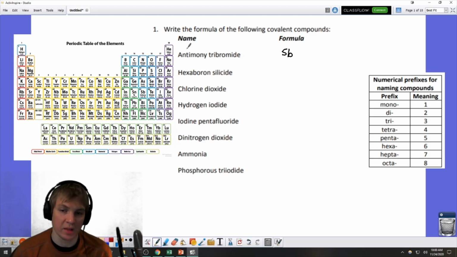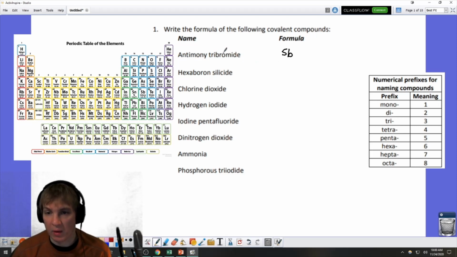And remember that the mono doesn't apply to the first element. So we wouldn't say monoantimony, it would just say antimony. But now we have tribromide. Bromide, of course, comes from bromine, which is this element right here. So that's going to be Br. And then the tri means that we have 3 of them. Because if we look at our table, tri means 3.